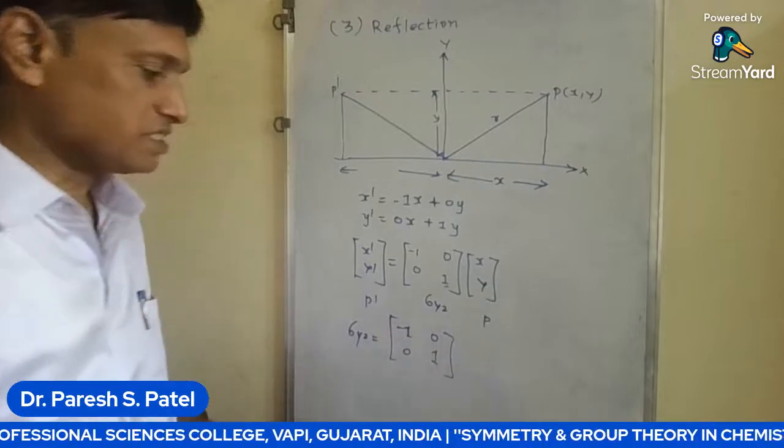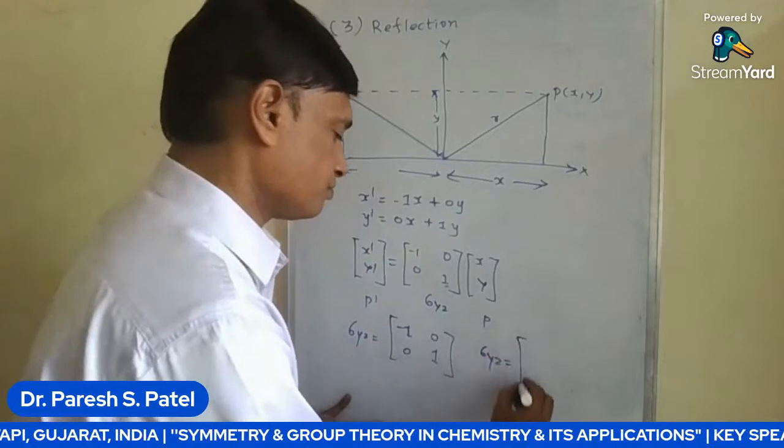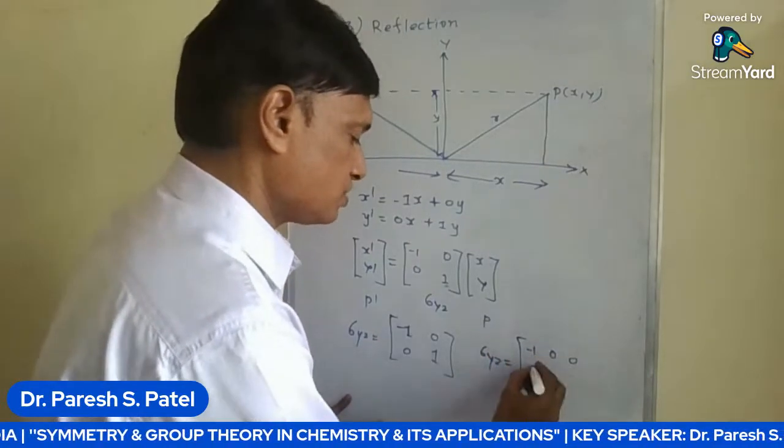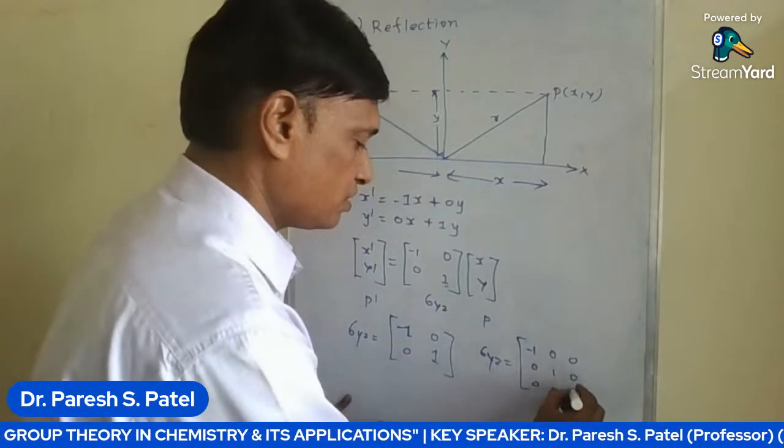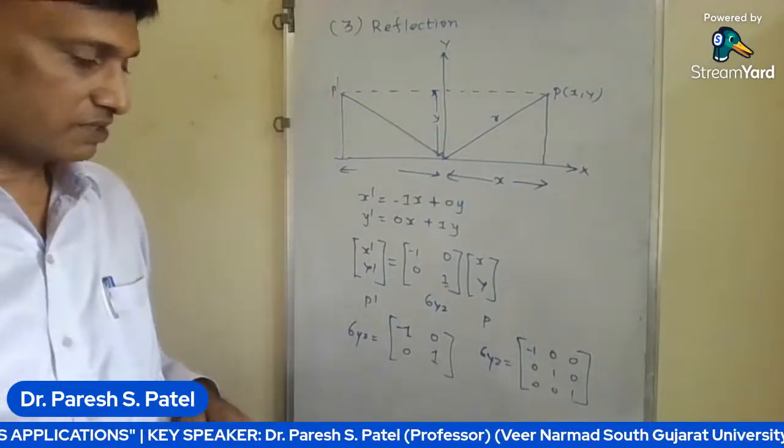Now this is a two-dimensional system. We can extend it up to three-dimensional system. Sigma yz is equal to minus 1, 0, 0, 0, 1, 0, 0, 0, 1. So this is the matrix representation for sigma yz.